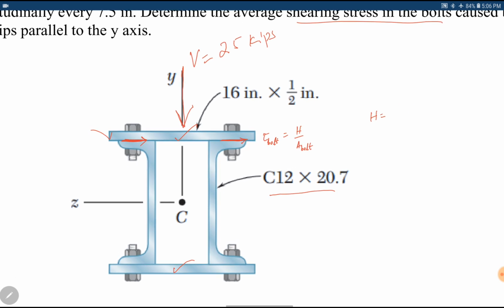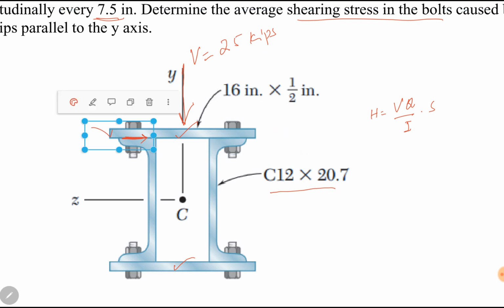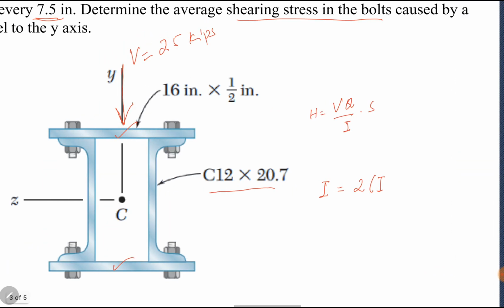I of this whole cross section can be found by adding I of the channel section plus I of the plates. Because there are two plates and two channel sections, I have multiplied it with 2.